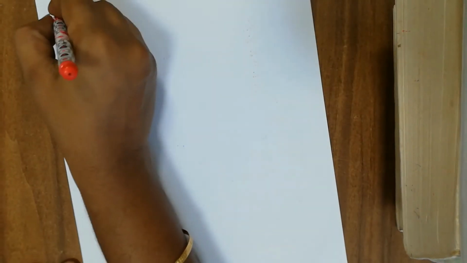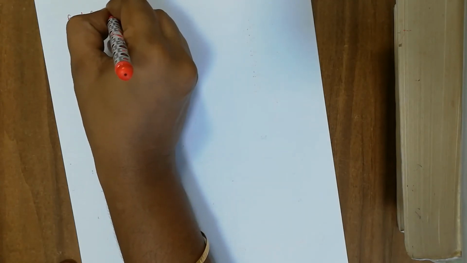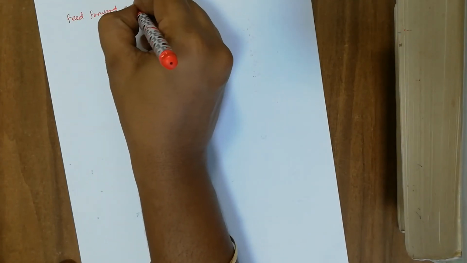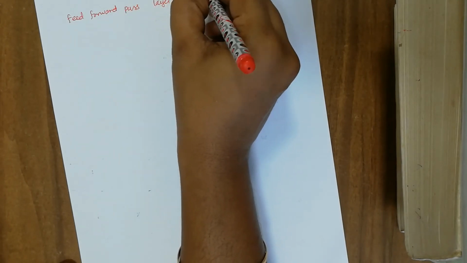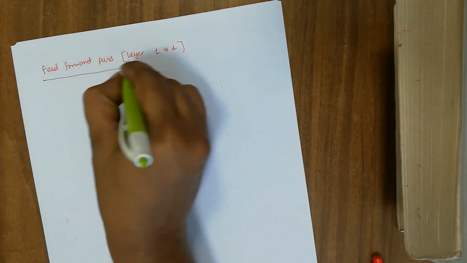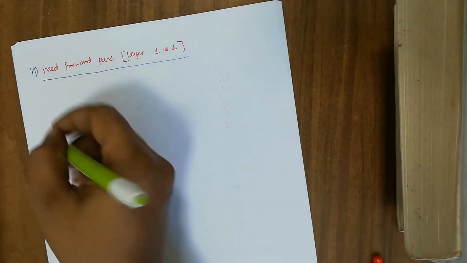Feed forward pass from layer 1 to 2. Okay, similarly we have to do the same steps. So let me write the feed forward pass in layer 2. Still we are discussing feed forward, but in this it is in the second step.